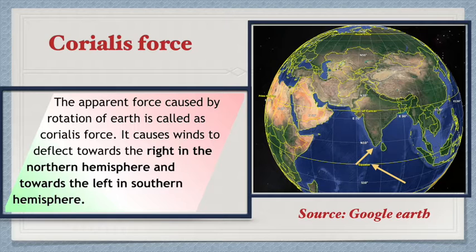When Earth rotates around its axis, winds are deflected to the right in the northern hemisphere and to the left in the southern hemisphere. This type of deflection happens due to the force exerted by the rotation of Earth. This force is called Coriolis force.